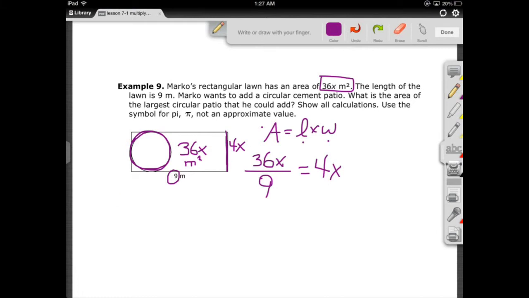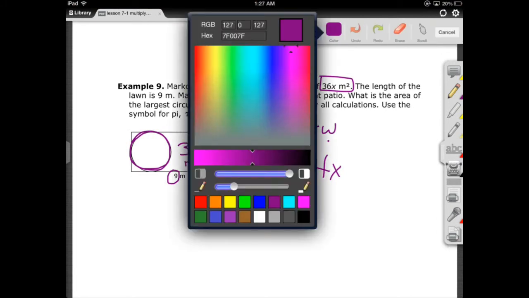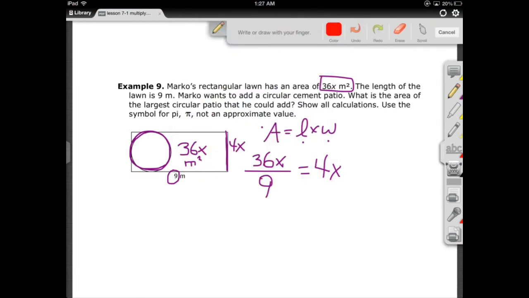The real part of this question, once you figure out the missing side, just using a little bit of division, you know that this circle has to be as wide as that there, which we said is 4x. Well, the idea when you do area of a circle is equal to pi r squared. Radius is half of the diameter. Half of 4x is 2x.